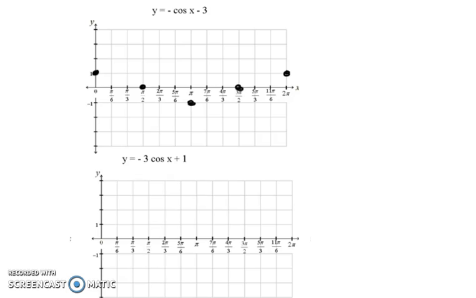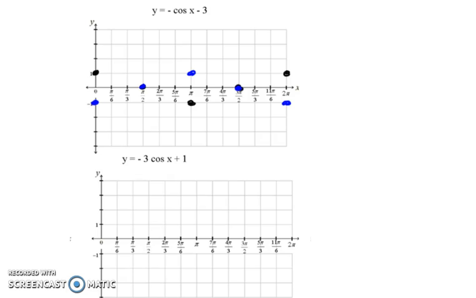Okay, notice the points in black are those of the parent graph, which is cosine x. If we do the reflection first in blue, we will go from (0, 1) to (0, negative 1). That remains on the x-axis. This goes from (pi, negative 1) to (pi, 1). That stays on the x-axis, and instead of (2 pi, 1) it goes to (2 pi, negative 1).